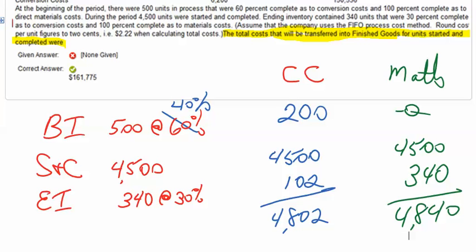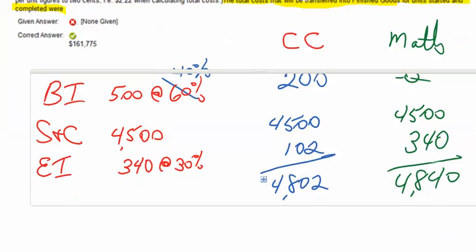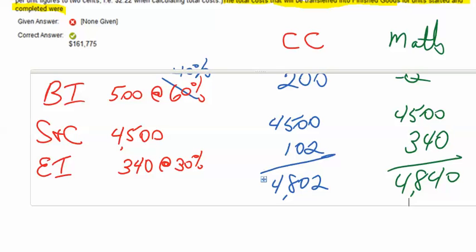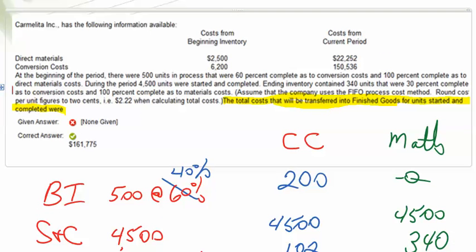So now that I have my equivalent units, I have to calculate what the cost is per unit for the conversion costs. So during the period, my conversion costs were $150,536.